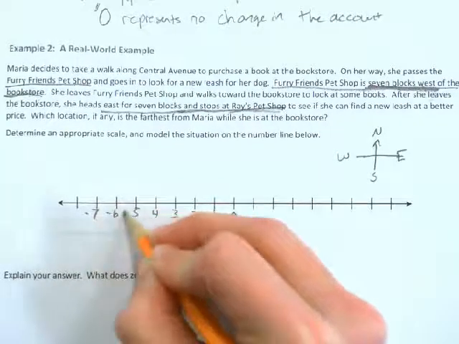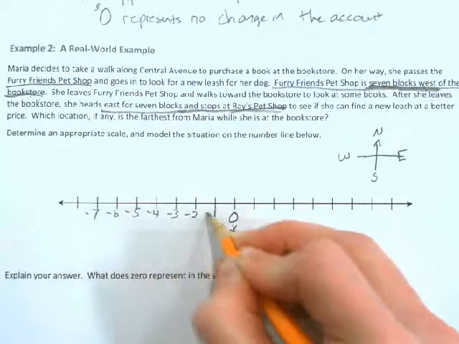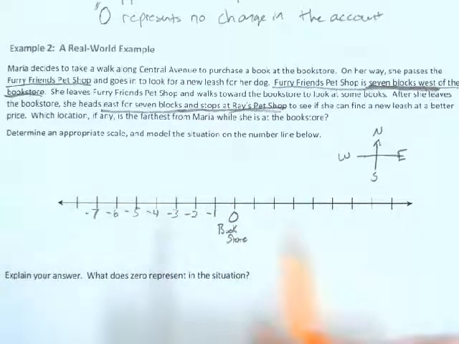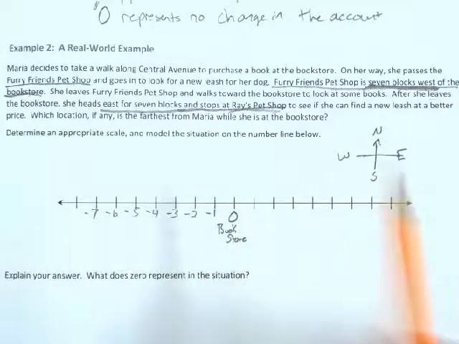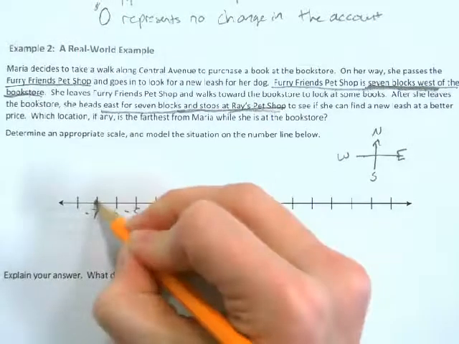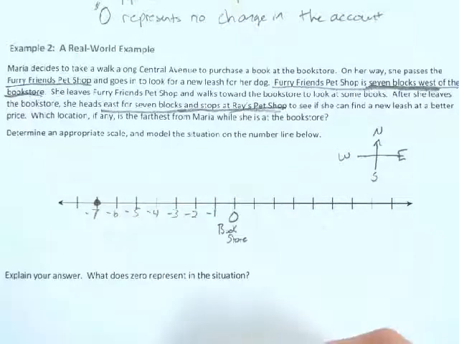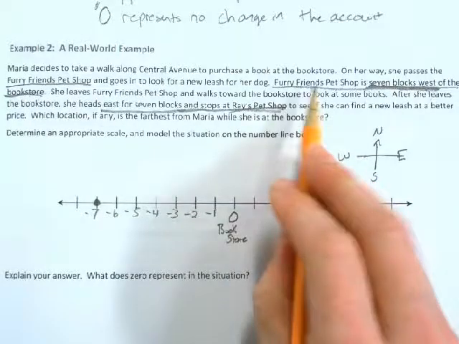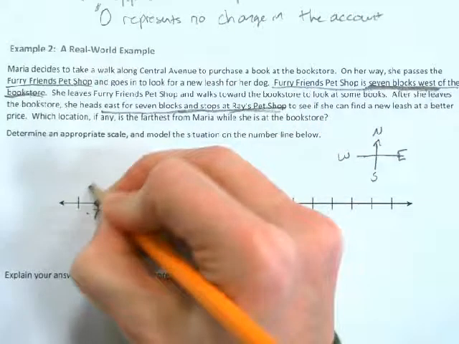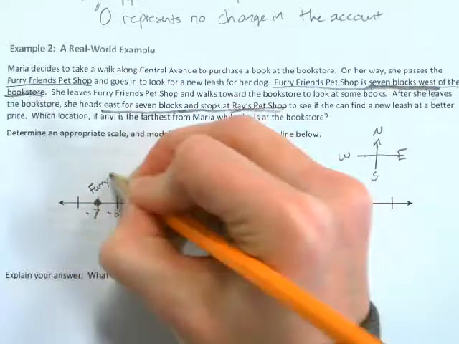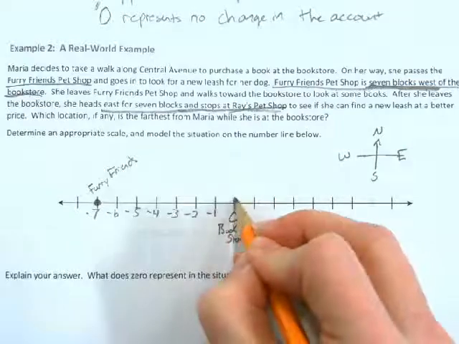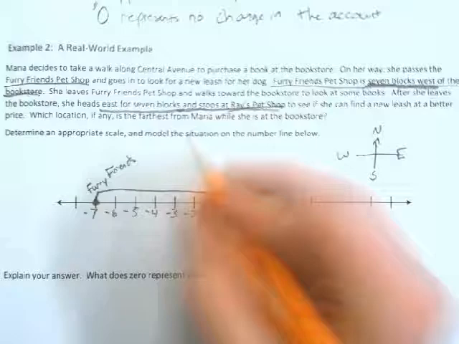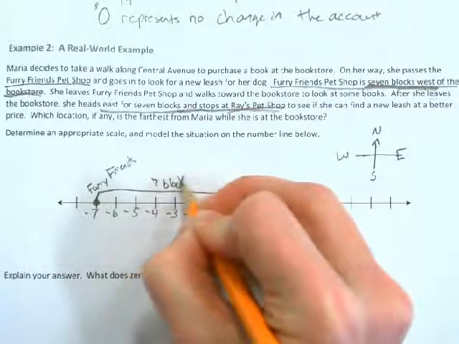Now, I am putting negative numbers, but again, the negative isn't what the distance is. My negative is just letting me know that I'm going west as opposed to east. Now, over here at -7 on the number line would be Furry Friends Pet Shop, and I'm just going to put Furry Friends. And so she went from the bookstore to here. That's 7 blocks west.